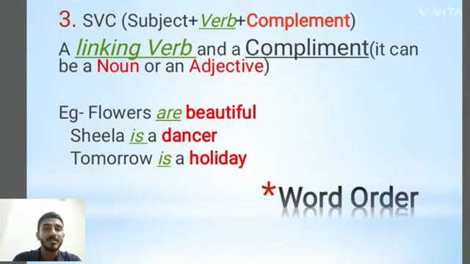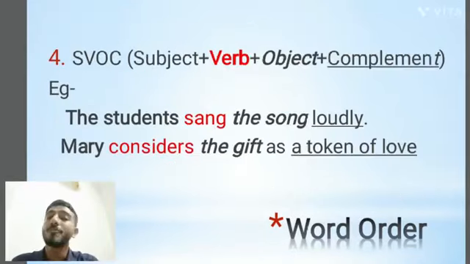So let's move to another pattern. The fourth pattern given in your text is SVOC. It seems to be a combination of SVO plus SVC, but it is not like that. This is one of the basic patterns in the English language. Its expansion goes like this: subject, verb, object, complement. Let us go a little deeper into this pattern with the help of the example given in your text itself.